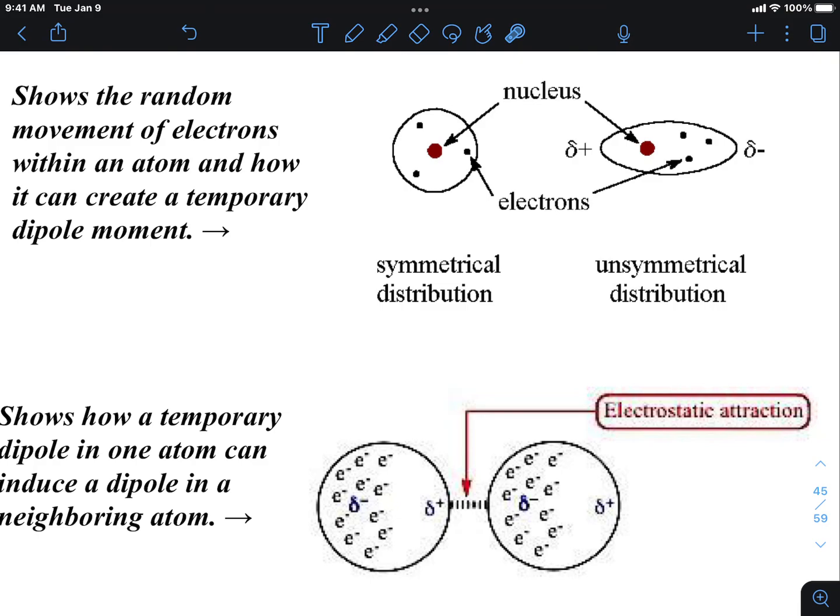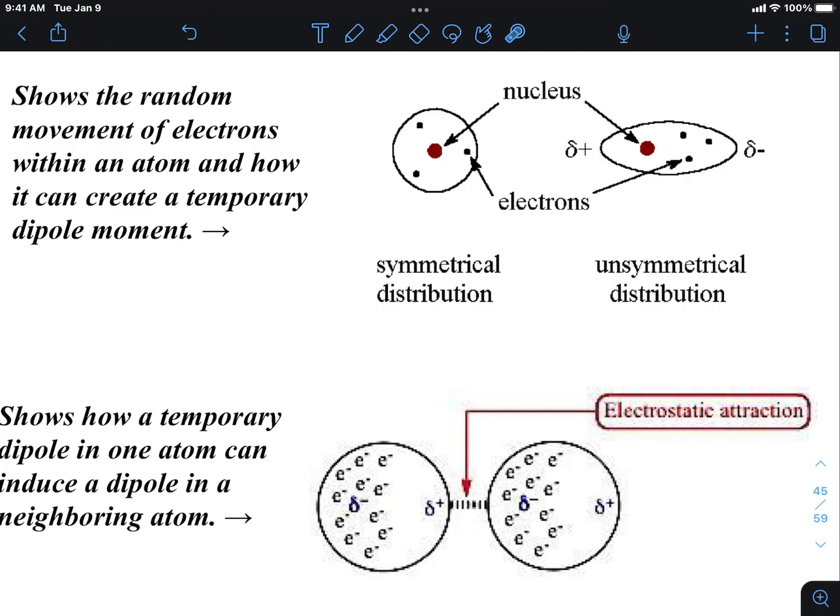If everybody's running, it's not like if you start at opposite ends of the track that you're always going to stay the same distance apart. Eventually, you might be clumped up on the left side or on the bottom, or you might spread out. It's kind of random. So electron movement in an atom, in a molecule, is random.